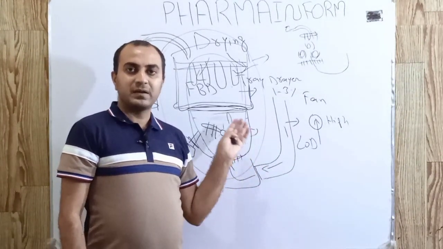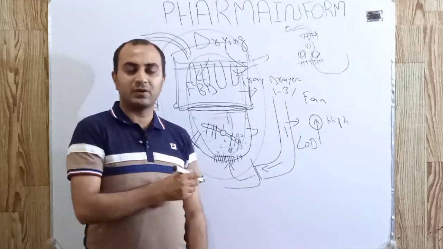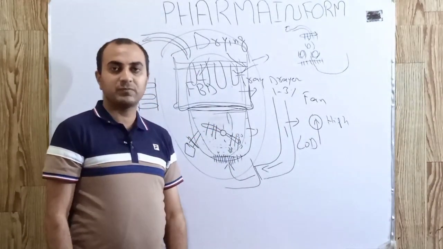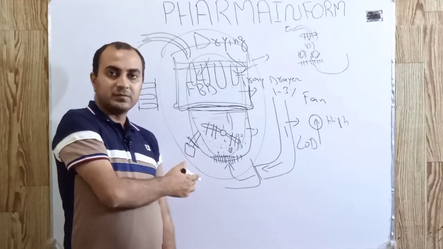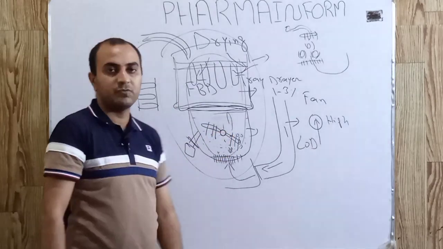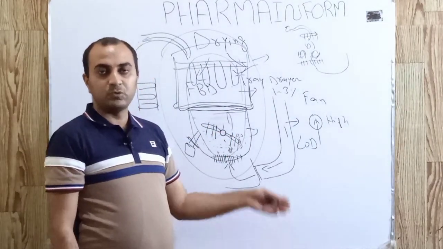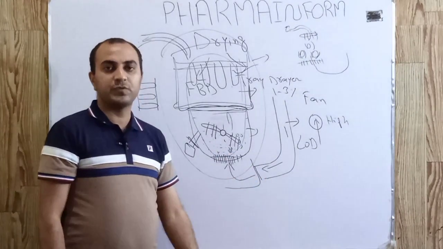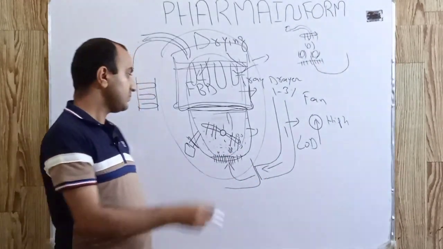When our LOD is according to the BMR, we remove the product from the drying chamber or product trolley of the FBD into containers and check the yield of our product.